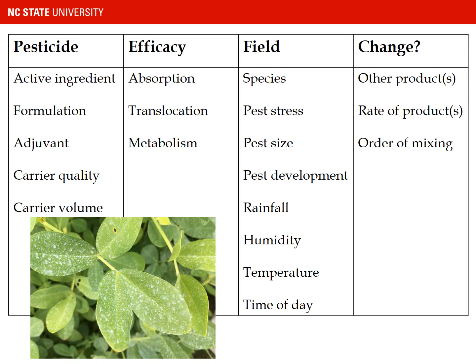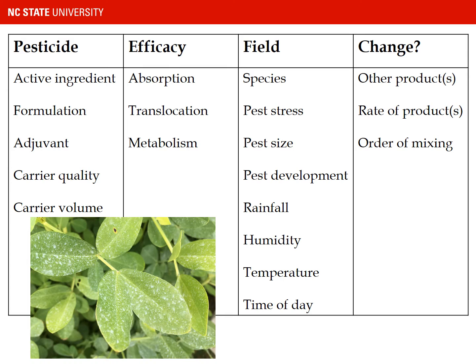And other things would be what other products are being put in addition to maybe the 2 or 3 you're looking at. What's the rate of the products? You can overcome some of the interactions with increasing rates. And then the order of mixing can have an impact, and that's more of a phenomena related to settling out in a tank and having that physical compatibility.